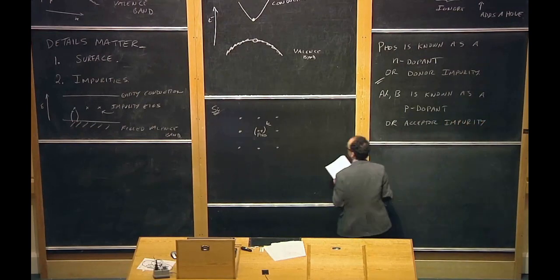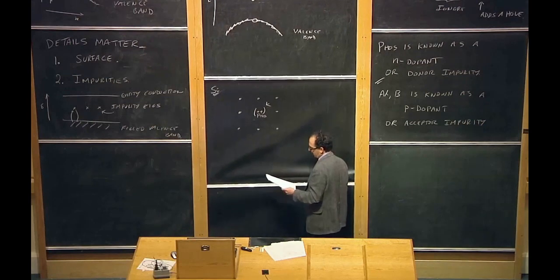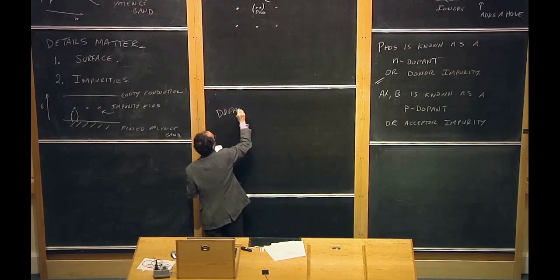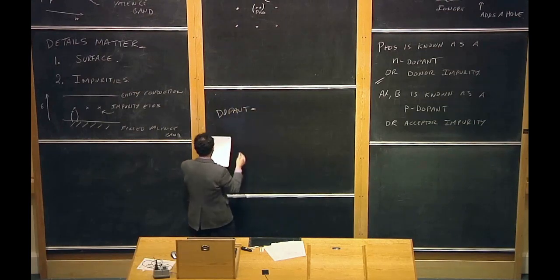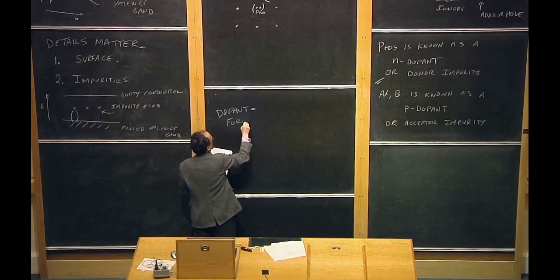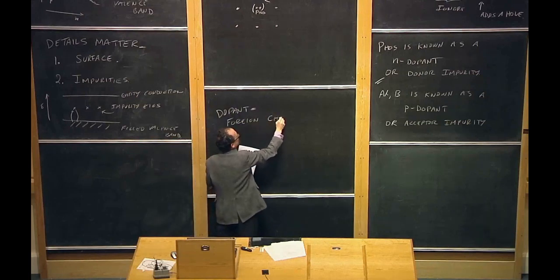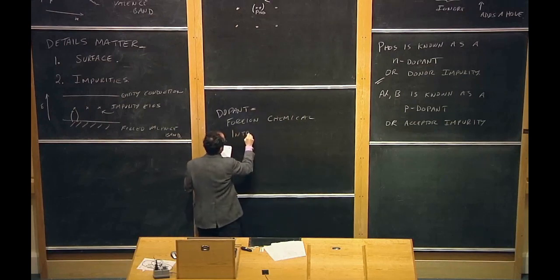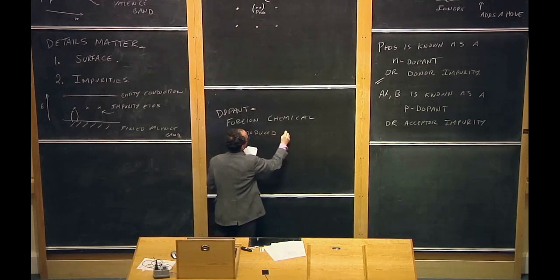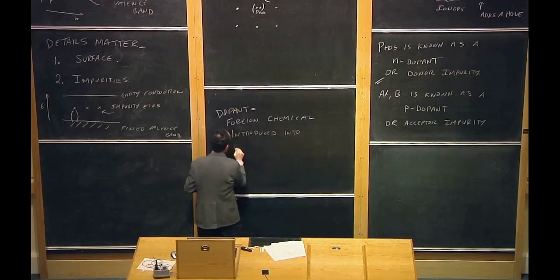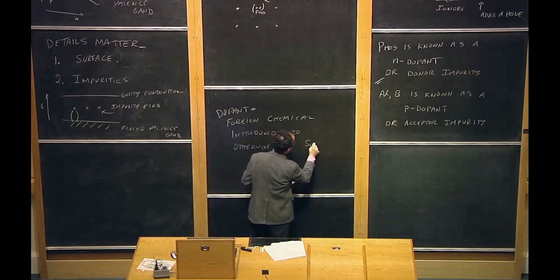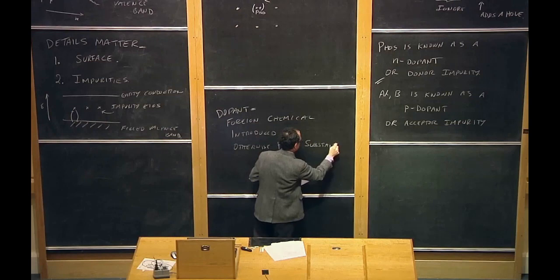And maybe I should define the word dopant before ending. Dopant is a general word which means a foreign chemical introduced into an otherwise pure compound, material, or pure substance, to change its properties.